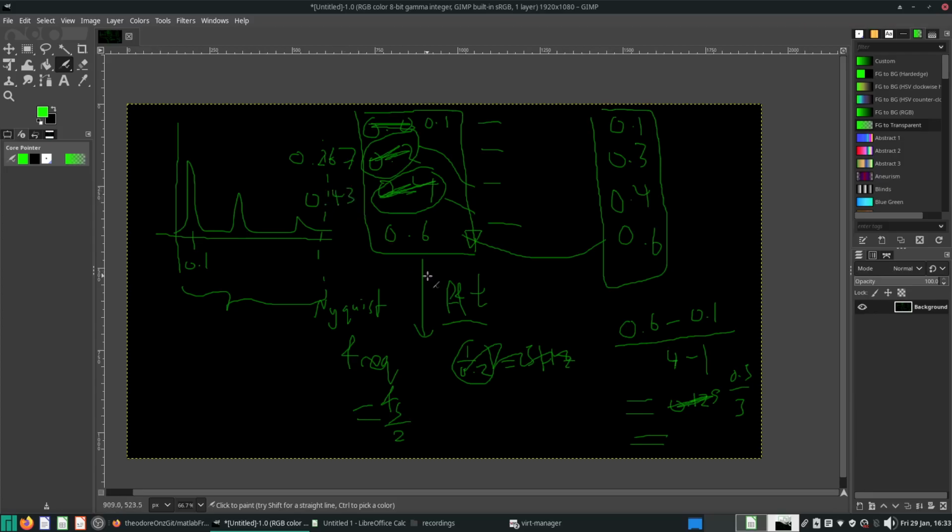I'll just do 2 decimal places because I don't want to write too much. So how do I get the so-called time interval here? I took 0.6 minus 0.1 and divide by the number of points minus 1, and that will be my sampling interval, delta TS.